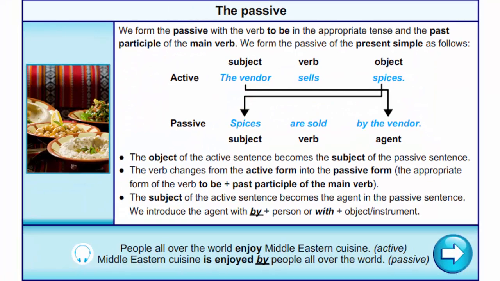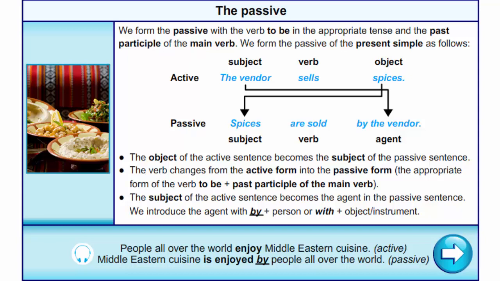Let's remember the rules. We form the passive with the verb to be in the appropriate tense and the past participle of the main verb. We form the passive of the present simple as follows: is, am, are plus the past participle of the main verb. The object of the active sentence becomes the subject of the passive sentence.